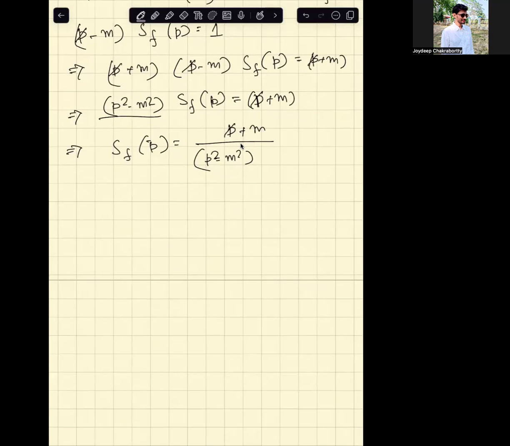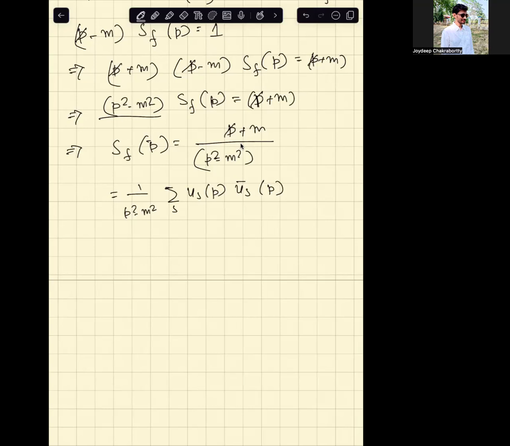And what is this p̸ + m? You can write it as 1/(p² − m²) times Σ_s u_s(p) ū_s(p). Remember I told you that we can use this to rewrite the fermion propagator in this particular form.